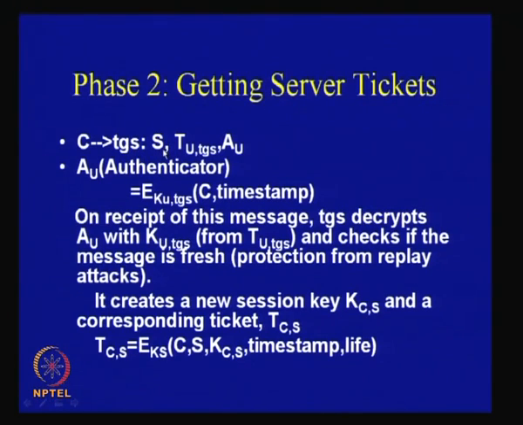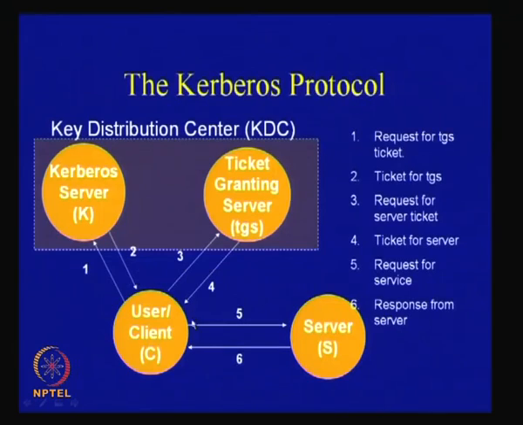You see it is sending the identifier of S, because S is now the service which it wants. So, when it sends this information to the TGS, it says that I want to communicate with the server and I want the corresponding ticket for communicating with the server, right.